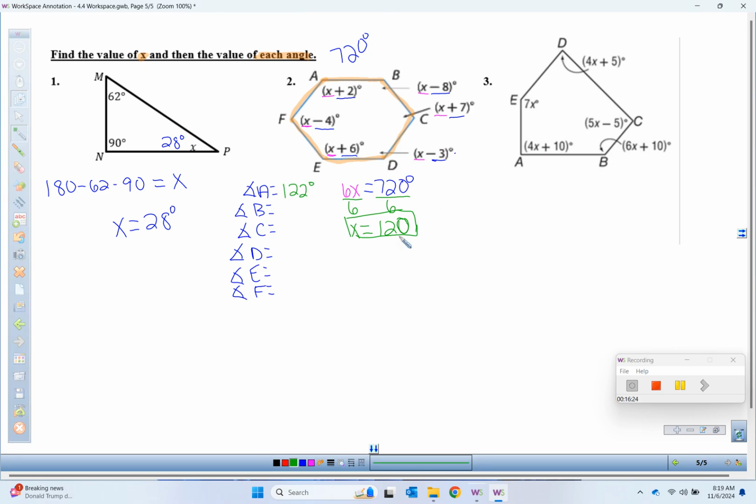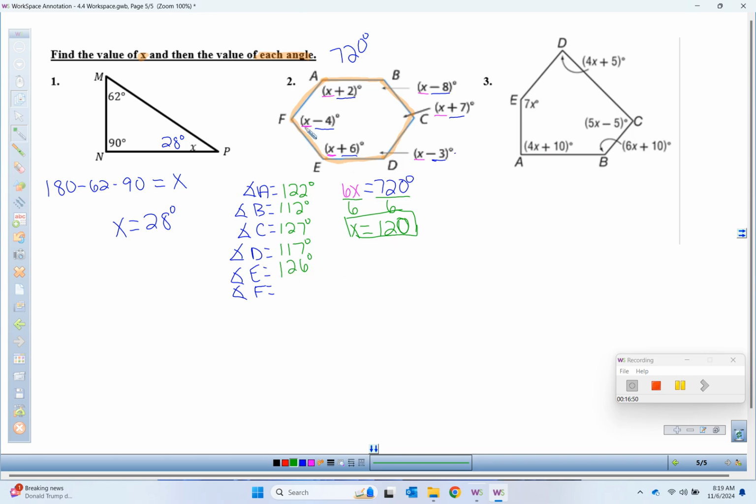So B, you have 120 minus 8. If you plug it into your calculator, you should get 112 degrees. C, 120 plus 7 should give you 127 degrees. D, 120 minus 3, you should get 117. 120 plus 6 should give you 126 degrees.